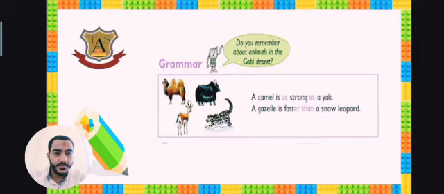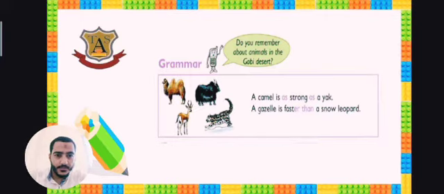Okay, let's read. A camel is as strong as a yak. A gazelle is faster than a snow leopard. We have in these books 4 animals, right?